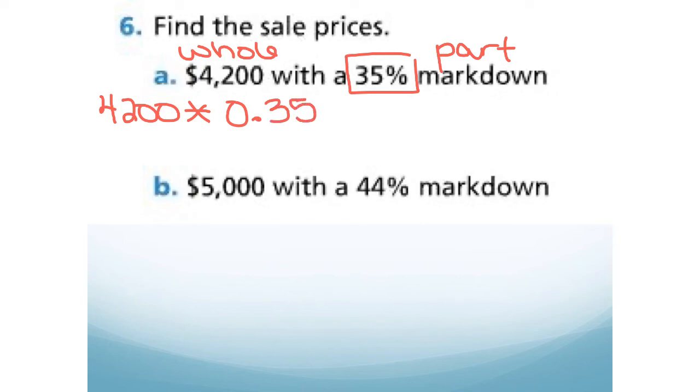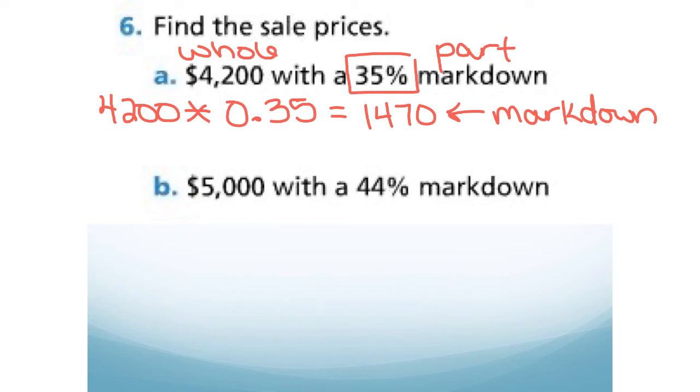When I multiply my whole by my percent in decimal form, this problem will give me $1,470. This represents the markdown. If you notice I'm labeling everything, I would strongly advise you to do that to keep your information correct.